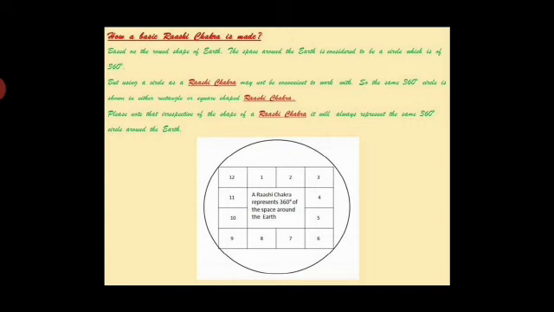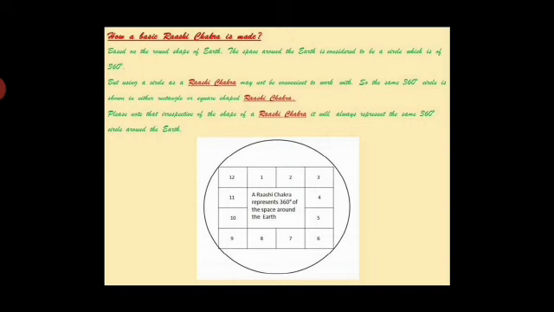How a basic Rashi Chakra is made? Based on the round shape of Earth, the space around the Earth is considered to be a circle which is of 360 degree. But using a circle as a Rashi Chakra may not be convenient to work with.